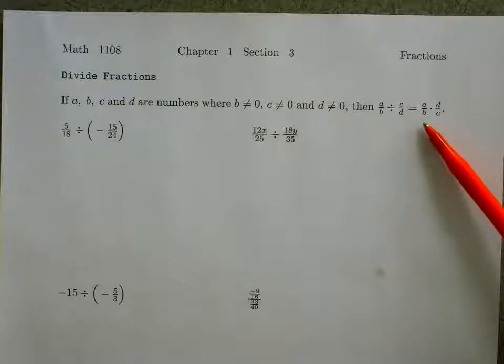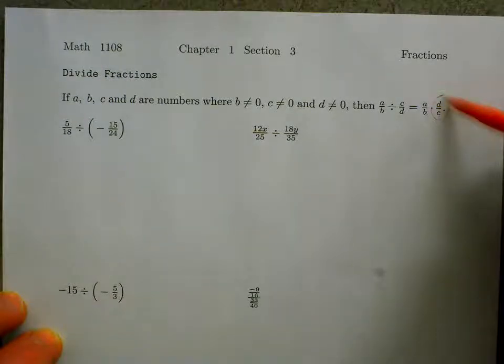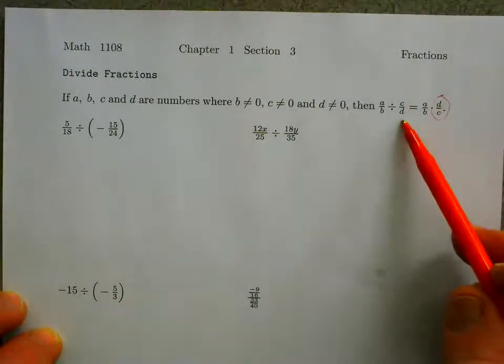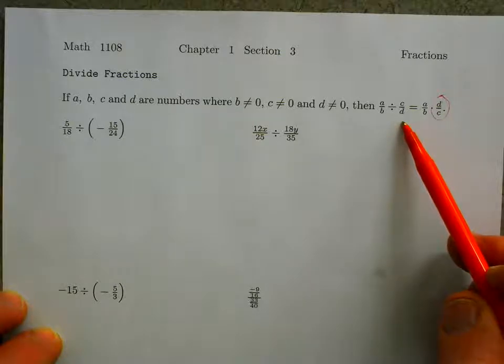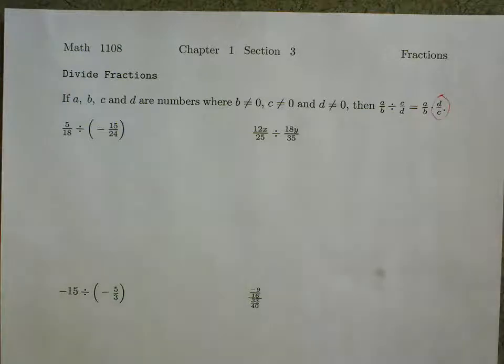It's A over B times D over C. So notice that D over C is the reciprocal of C over D. So every division is equivalent to some multiplication and vice versa.